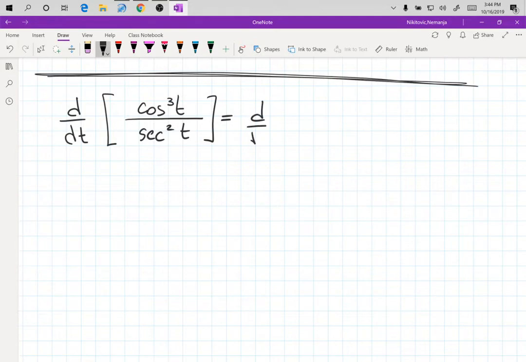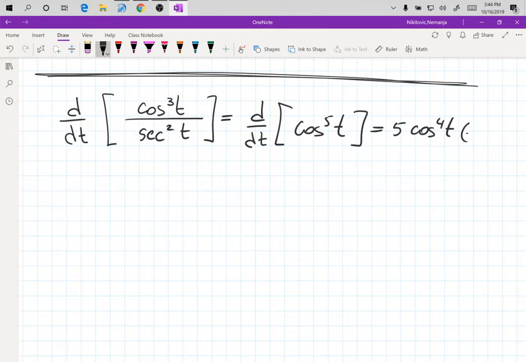So this is the same as the derivative of cosine to the 5th power of t. So it's 5 cosine 4t times negative sine t by the chain rule, for negative 5 sine t cosine to the 4th t, and we're done.